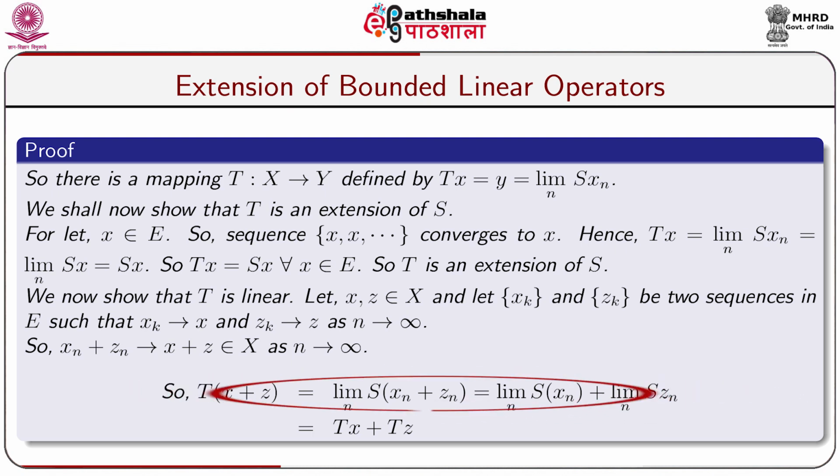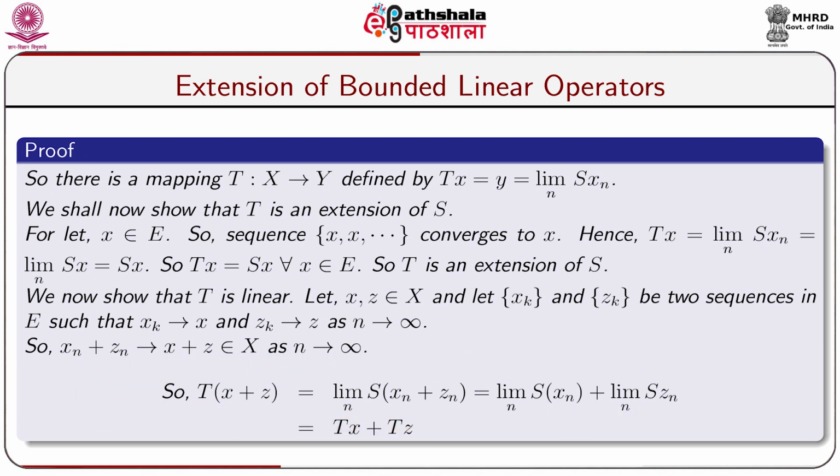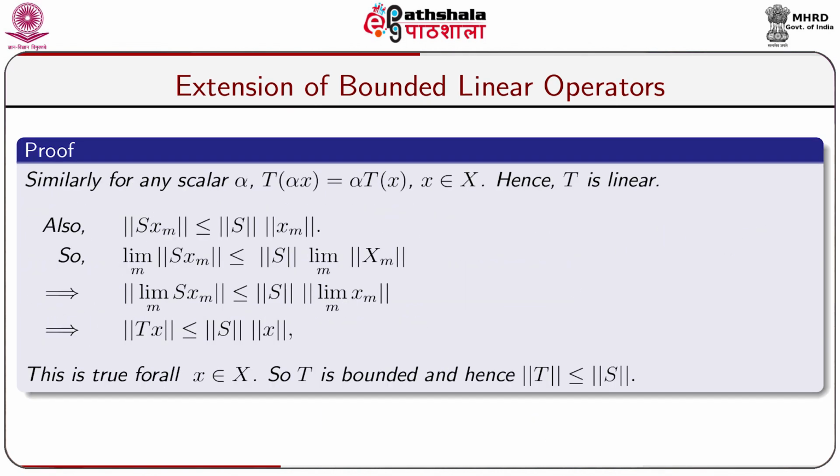So, T of x plus z equal to limit n S(xn plus zn) equal to limit n S xn plus limit n S zn, which is equal to Tx plus Tz. Similarly, for any scalar alpha, T(alpha x) equal to alpha Tx for all x belongs to capital X. Hence, capital T is linear.